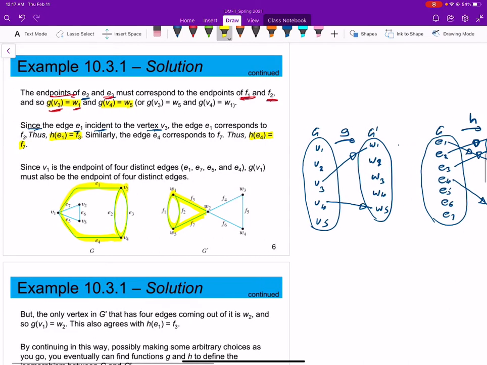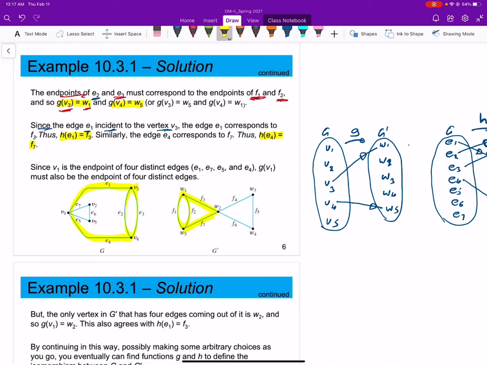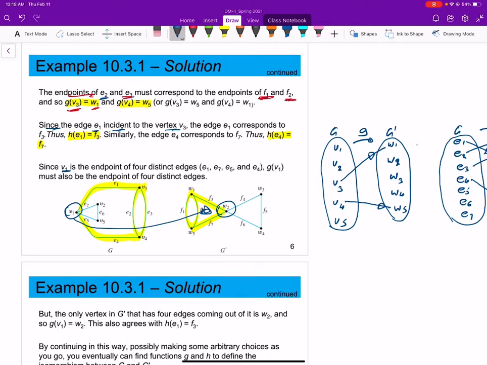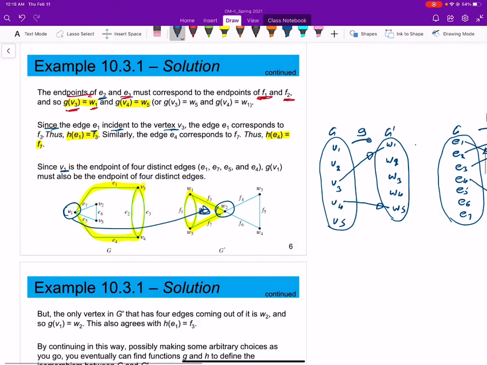Now think about the vertex. Vertex V1 is the endpoint of 4 distinct edges. In the other graph, W2 is the endpoint of 4 distinct edges. So this one should map with that.